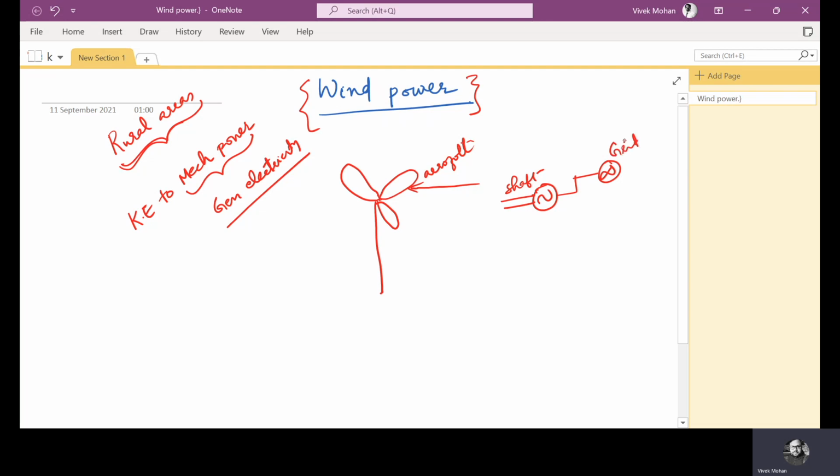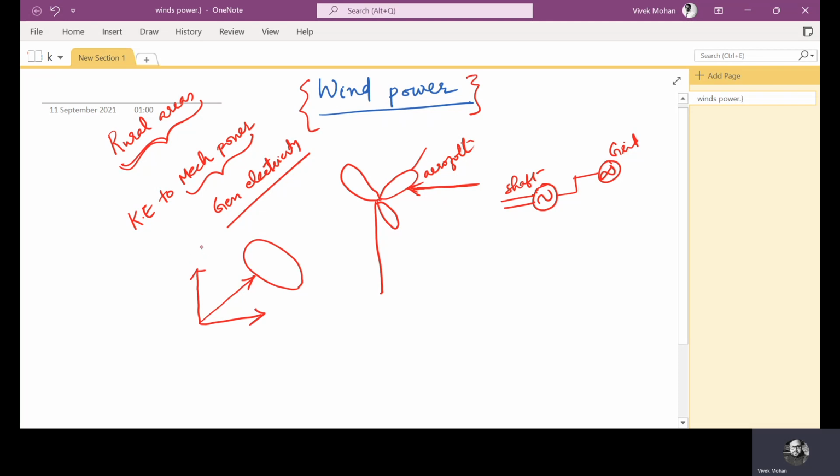Now, the wind flows over the airfoil shaped blades, causing a lift. Lift means this vector could be decomposed into horizontal and vertical vectors. So if the aerofoil is like this, and this is the vector, then like this and like this.